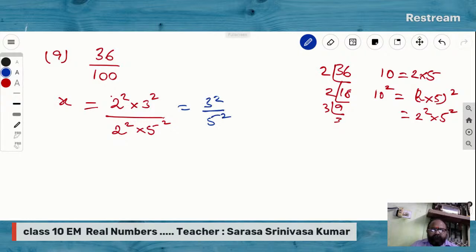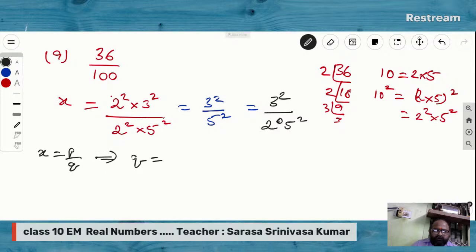Now this can be written as 3 square by 2 power 0 5 square. So x equal to P by Q implies Q equal to 5 square is of the form 2 power n 5 power m.